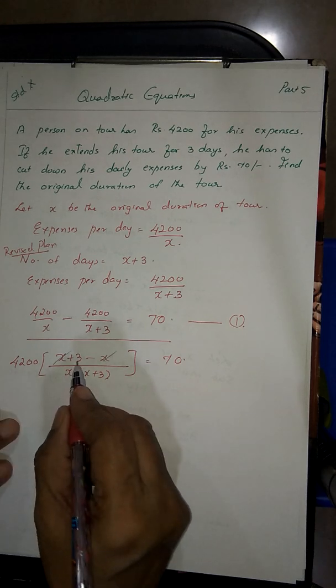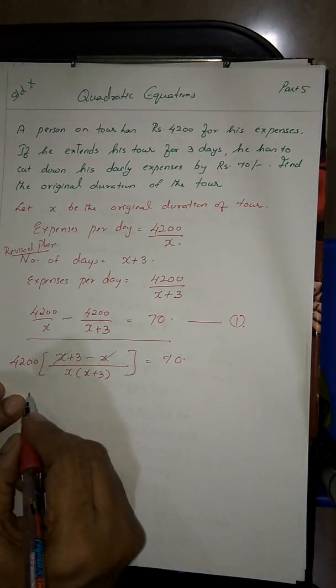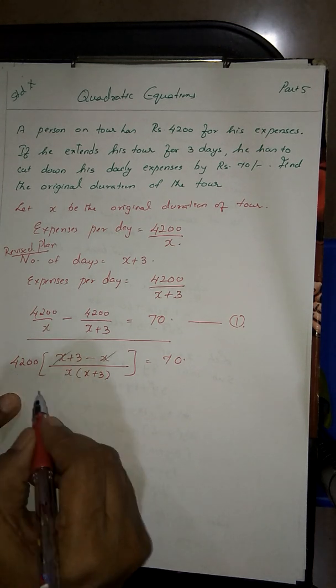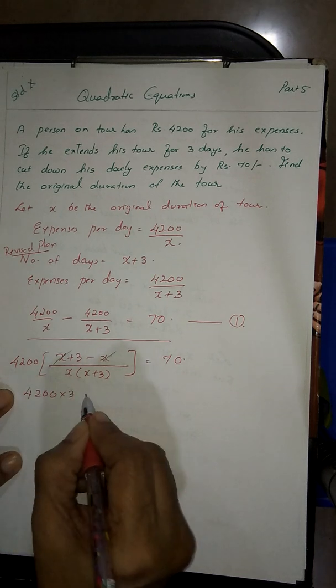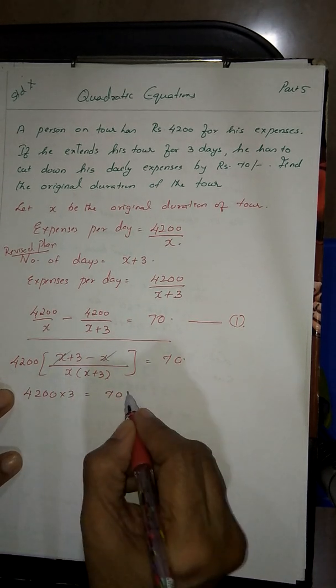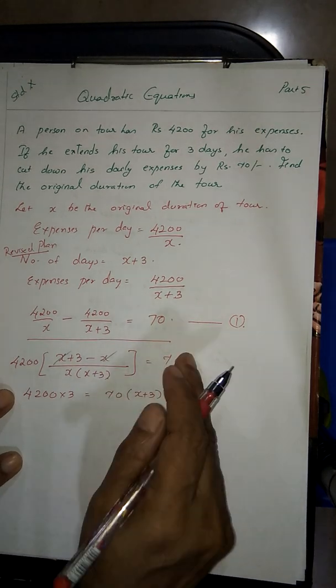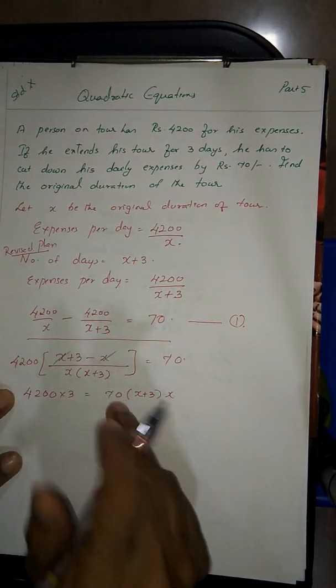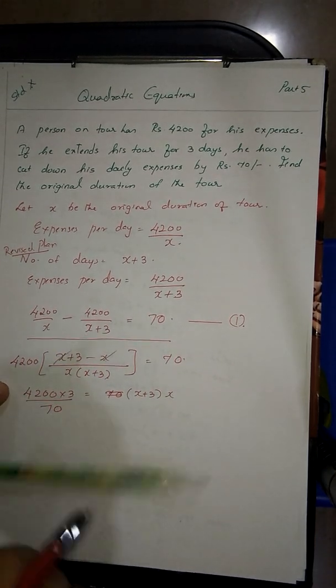So you are left with 3. This will cross multiply. So 4,200 into 3 is equal to 70 into x plus 3 into x. Then we will bring this 70 down.